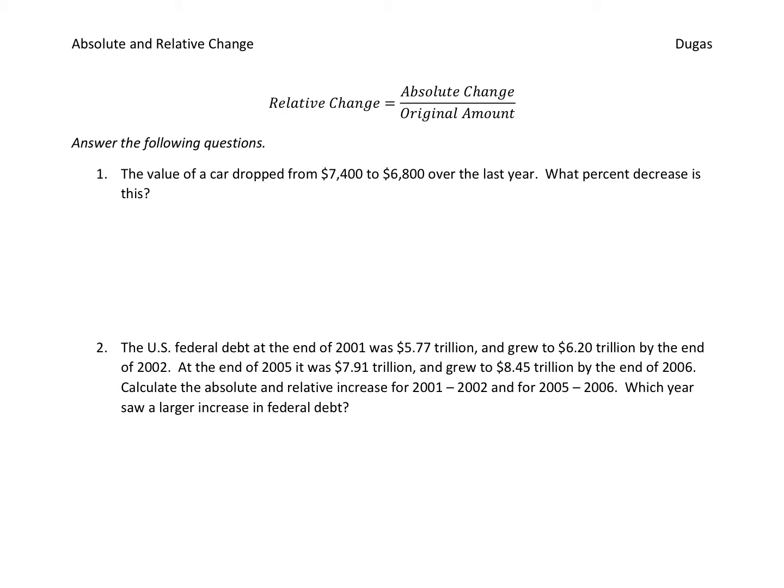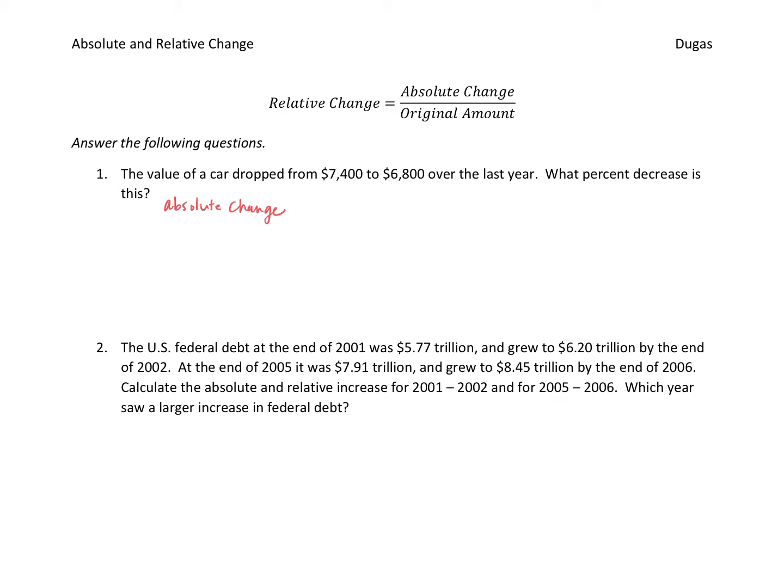So let's first talk about the change that's happening here. There's an absolute change and there's a relative change. The absolute change is how much it actually changed, in this example in dollars. So the absolute change is found by simply subtracting.